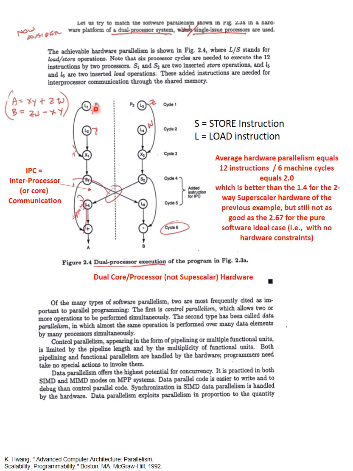So they're loading, but each cycle is limited to only one store per processor. So 2 stores per cycle, 2 loads per cycle. So you see the variables now coming in, and these are loads.